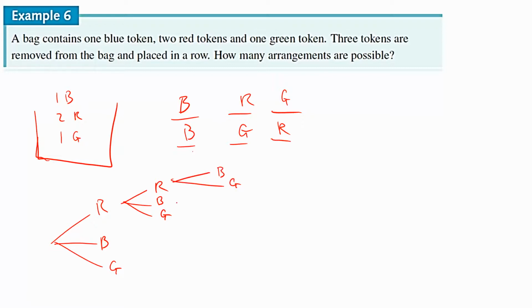But then if you chose blue, you can either have red or green, or you can have red or blue. This one is 1 times 3 times 2. For every 2, so 3 times 2 is 6 there.